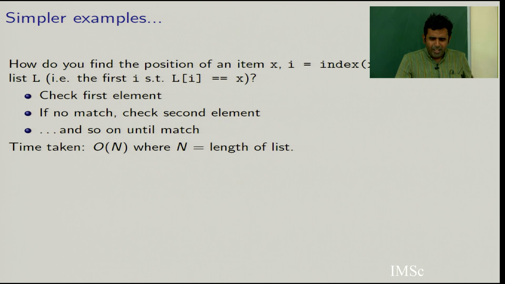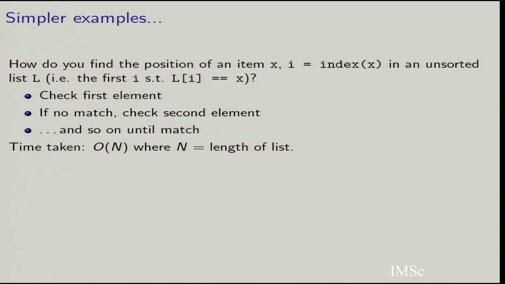This divide and conquer strategy is very common in algorithms. So here is a simpler example. How do you find the position of an item x, that is i equal to index of x, which means the ith element of the list L is x, given an unsorted list?